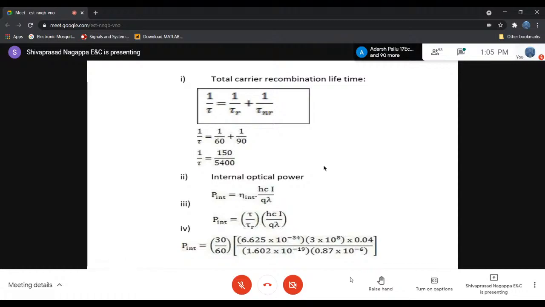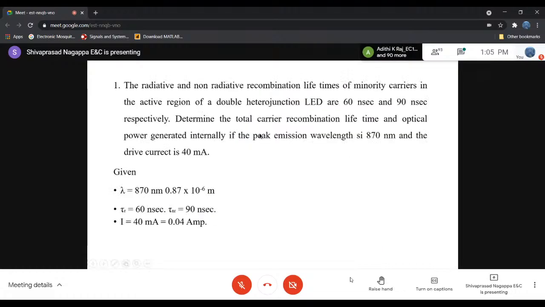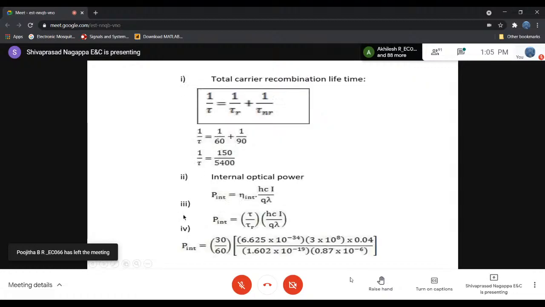Fine. Now, next, what is given in the question? It has been asked to calculate the optical power generated internally. So the formula: the internal optical power P int is equal to efficiency into hcI by q lambda.